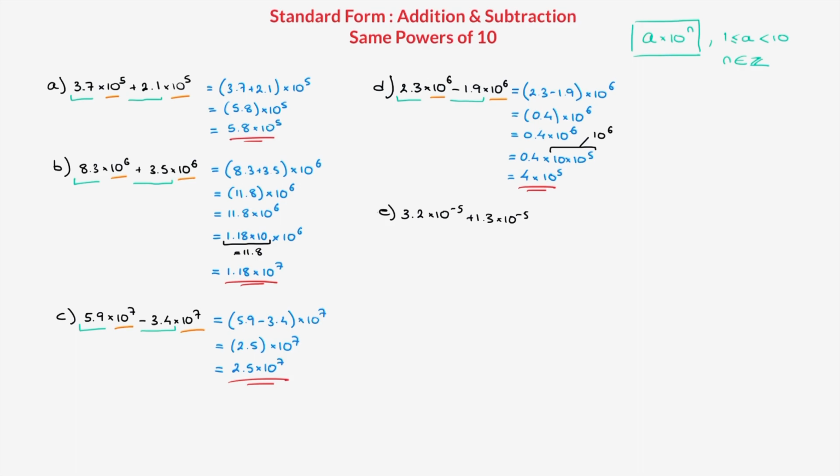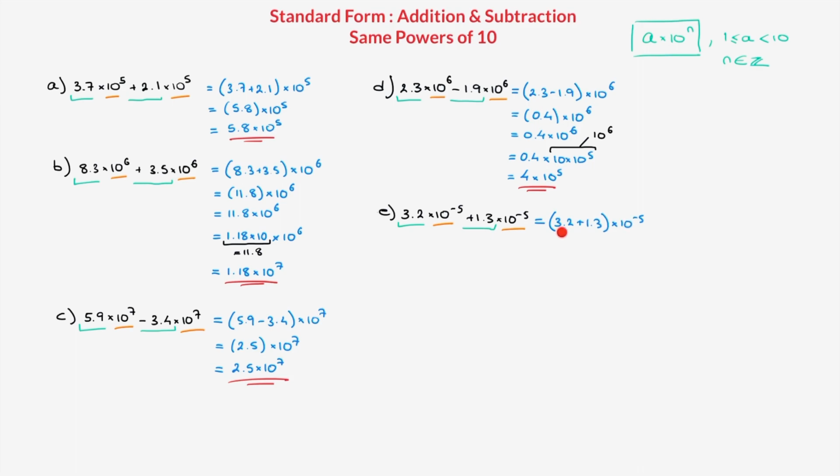Okay, well, looking at this once more, we can see that both of the numbers we have here involve the same power of 10. Consequently, we can calculate this in the same way as we've done for the first 4 examples. Indeed, we can go ahead and state that that equals, in parentheses, 3.2 plus 1.3, and so I'll quickly write that. That's 3.2 plus 1.3, I close the parentheses, and that's multiplied by 10 to the power of negative 5.